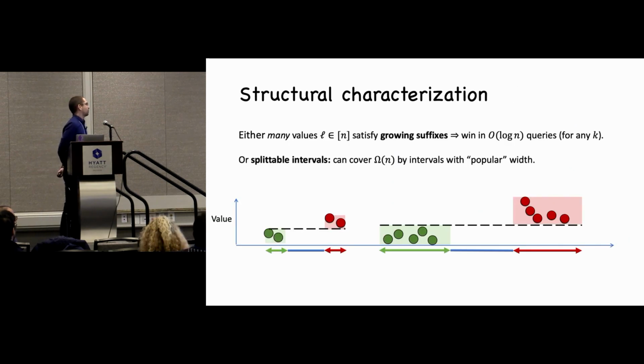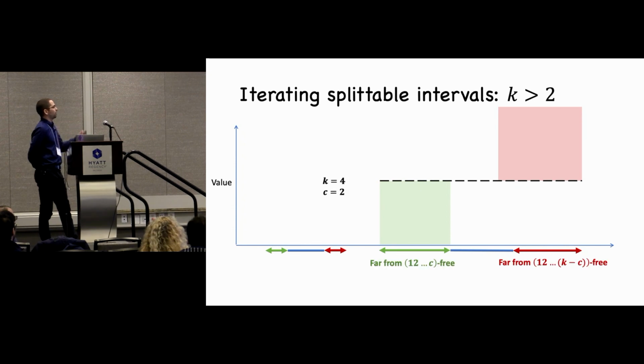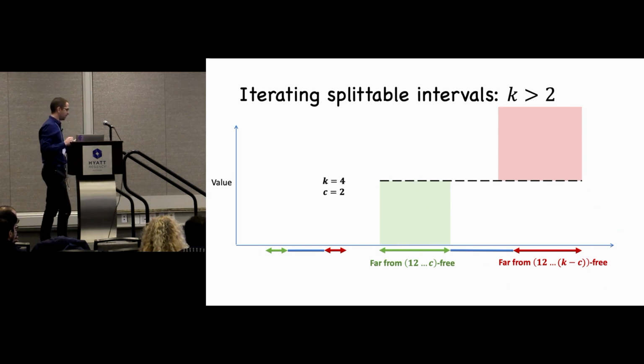And in the other case of splittable intervals, we'll need to iterate our argument. So it looks more or less like this. So let's consider the case k equals 4, and let's assume that there will be a constant fraction of the copies where the big gap between their entries will be between, for example, the second and the third element.